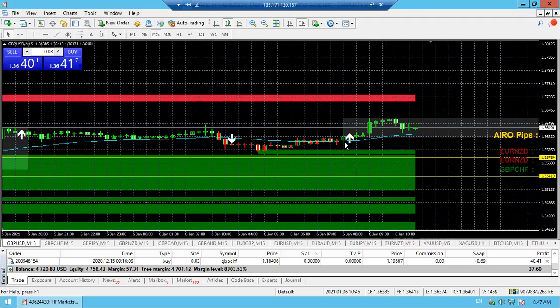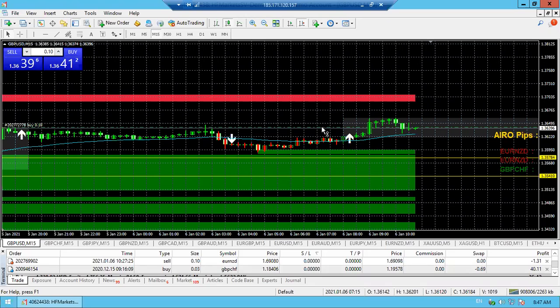It hasn't given any drawdown though, and I can see a doji candle, which is indecision. So we have more opportunity for the upside. So I'm taking this on micro lot instead of standard. So I'm putting a buy.